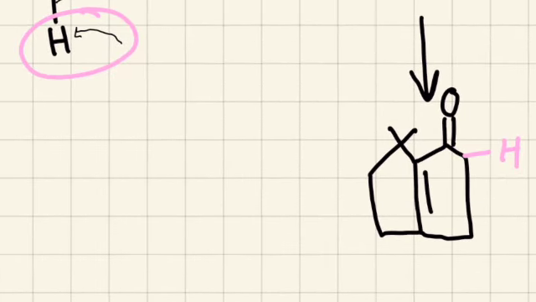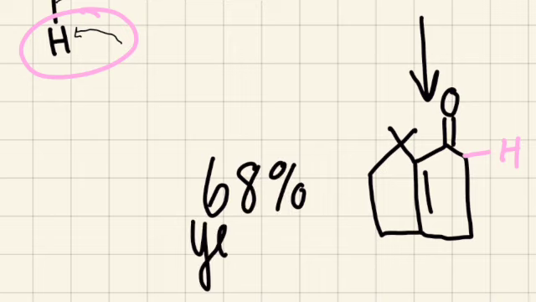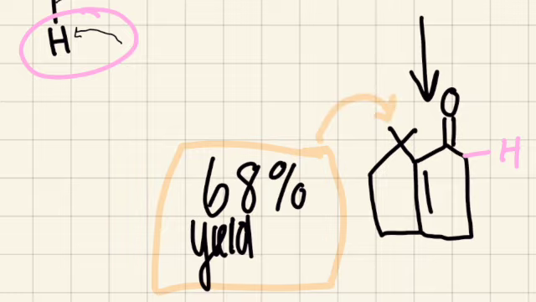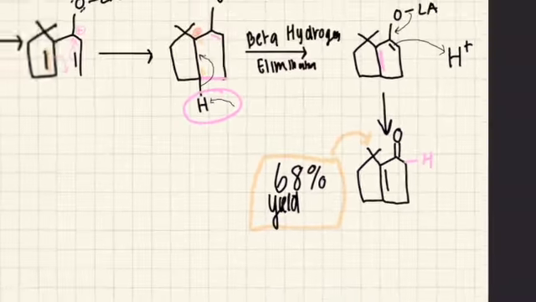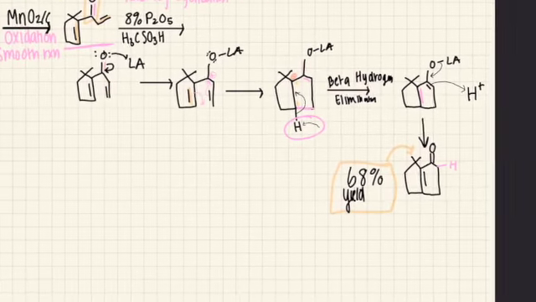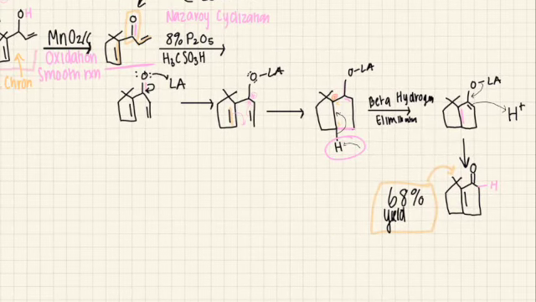But they did find that doing it this way, they got a 62% yield, which was really good. So for this product, they got a 62% yield, and the reaction in short is just a Nazarov cyclization, which is the acid catalyzed ring closure of the divinyl ketone that we had.